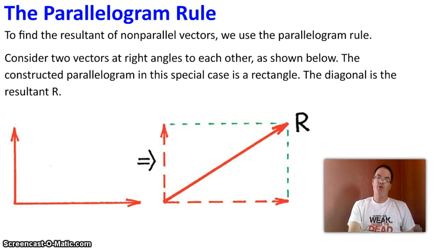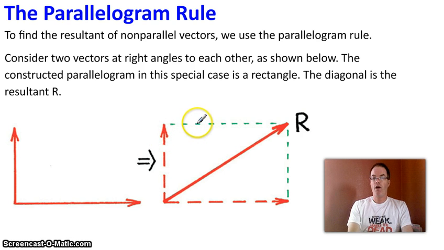I'm going to now talk about vectors that aren't in the same line. We need to use what's called the parallelogram rule. Here we see we've got a vector pointing upwards and a vector pointing to the right. The resultant vector is the addition, or the sum, of these two vectors, and to find it we use a parallelogram.